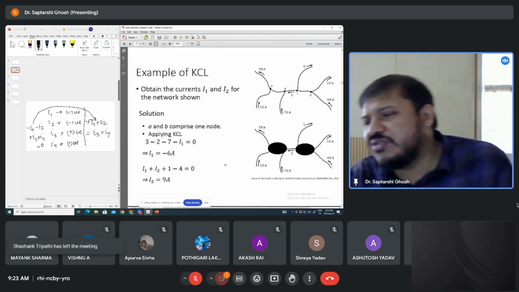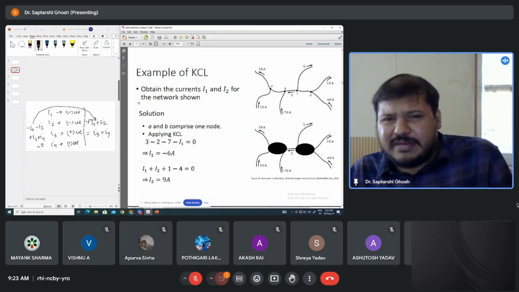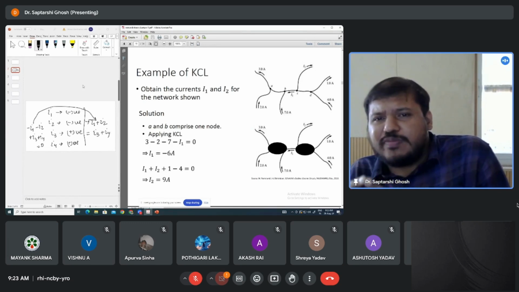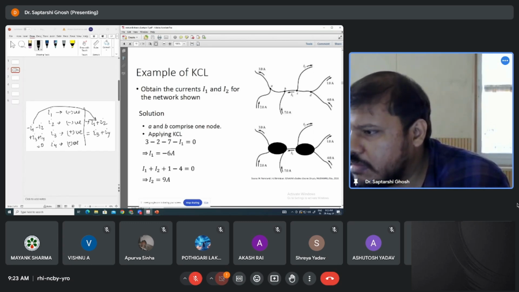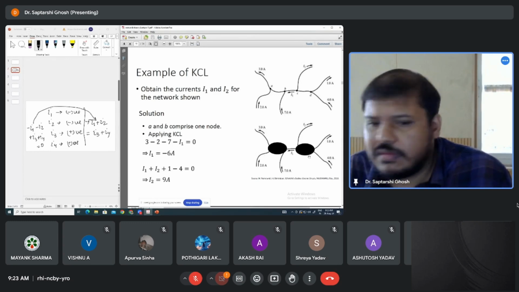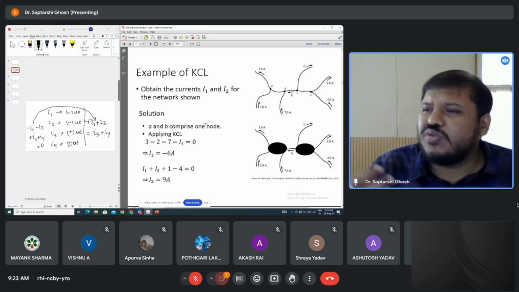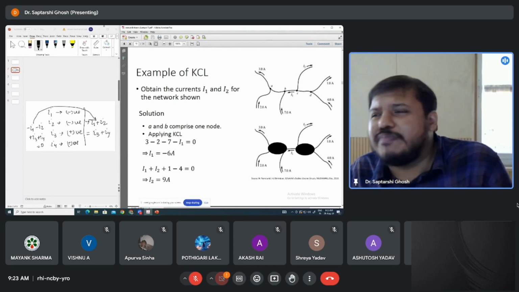So these are the two simple examples of KCL. As such, solving problems only using KCL, you cannot find those simple problems.